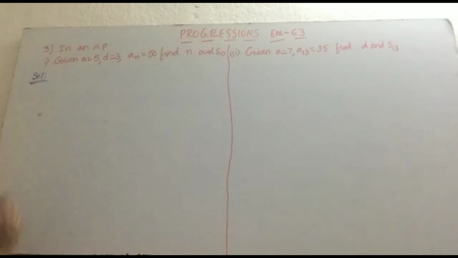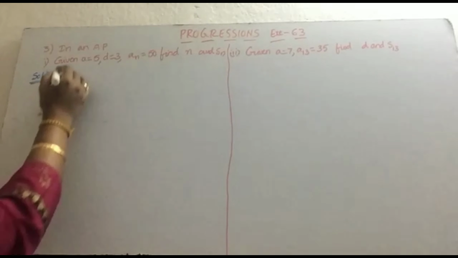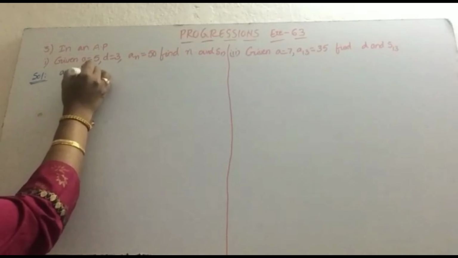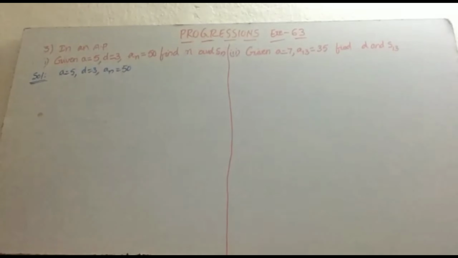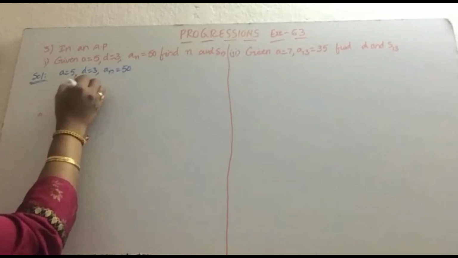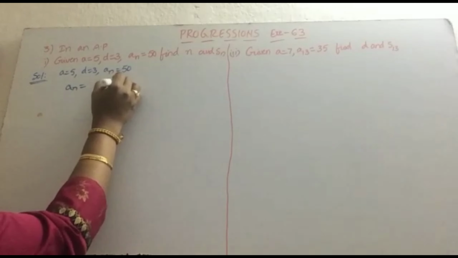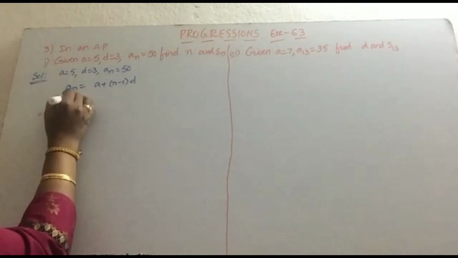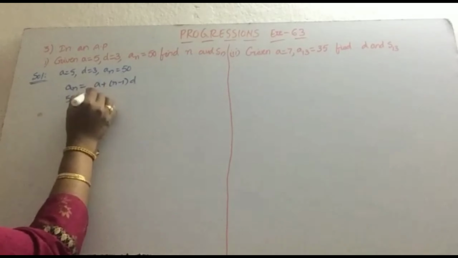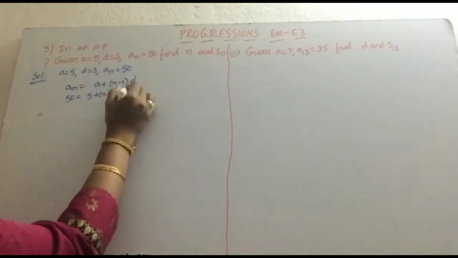Given a equal to 5, d equal to 3, and an equal to 50. We know the formula an is equal to a plus n minus 1 into d. So an is 50, a is 5 plus n minus 1 into d is 3.